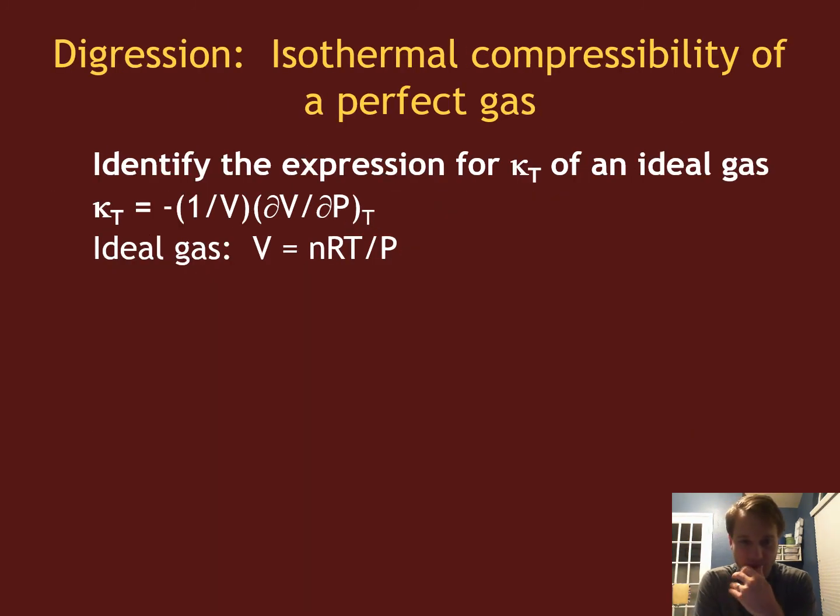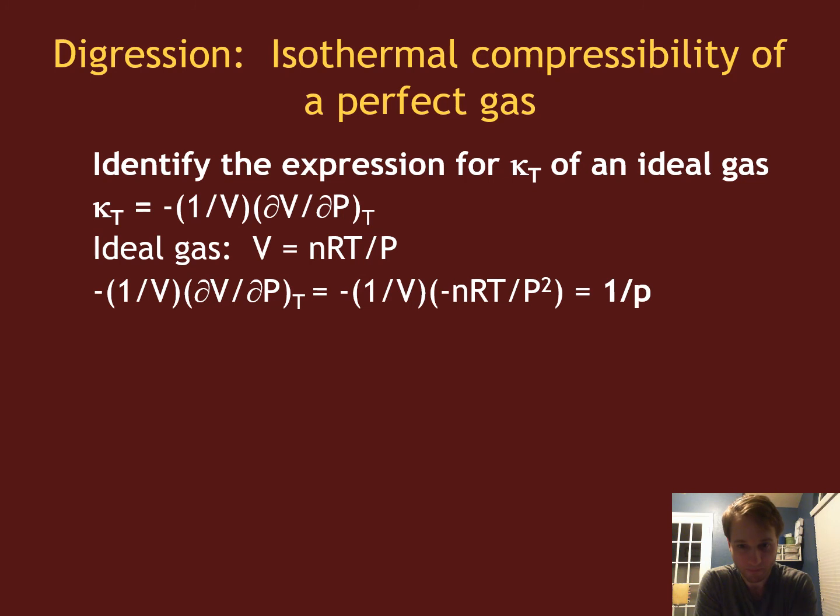Also look here at what the isothermal compressibility is for an ideal gas. Again, we use the ideal gas law and just take the derivative of volume with respect to pressure. When you do that, you get minus nRT divided by p squared, and that's multiplied by minus 1 over volume.